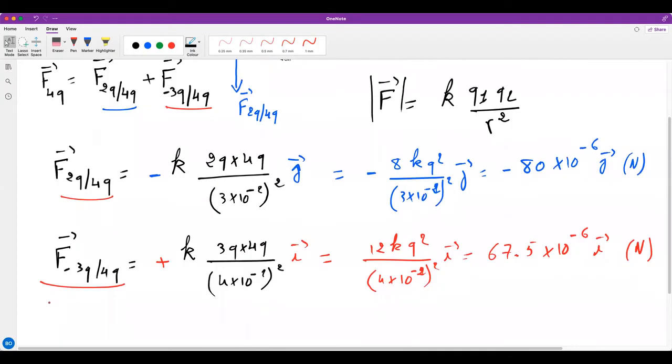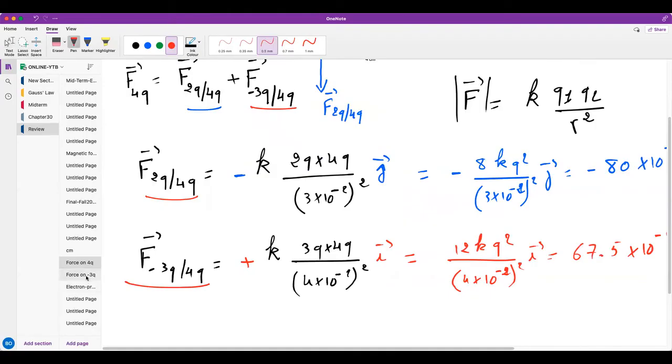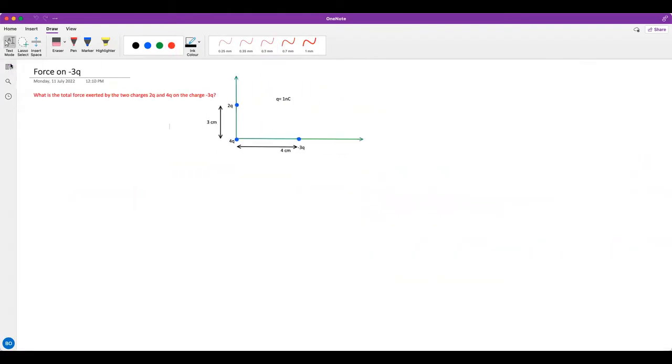Now let's go to another example, the same, but calculating another force. We are calculating the force exerted by charges 2q and 4q on minus 3q.